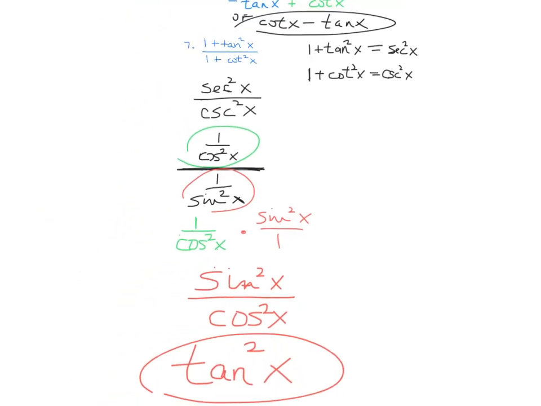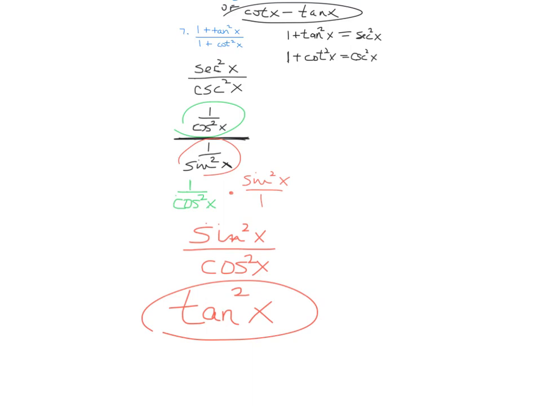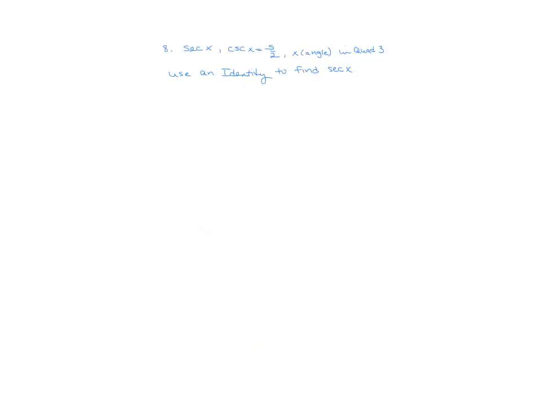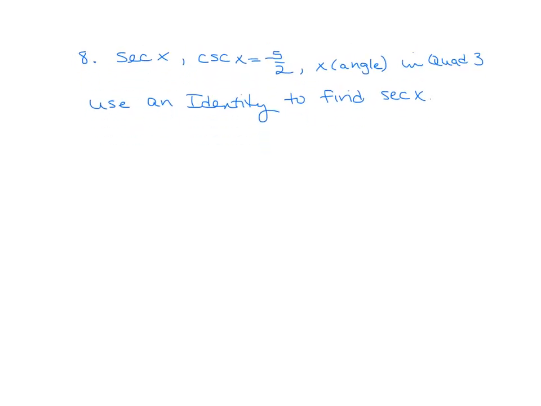All right, one more example. You actually did one of these on your chapter 5 test, so now we're going to do it again. We could draw a triangle here to solve this, but instead the instructions, just like on your chapter 5 test, said to use an identity. So I'm trying to find secant of x.